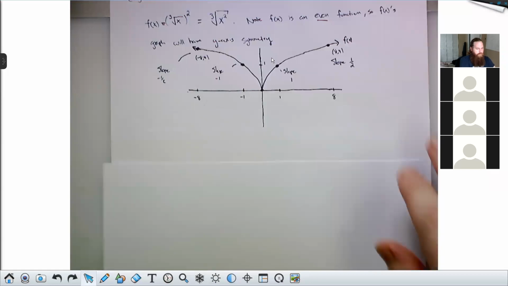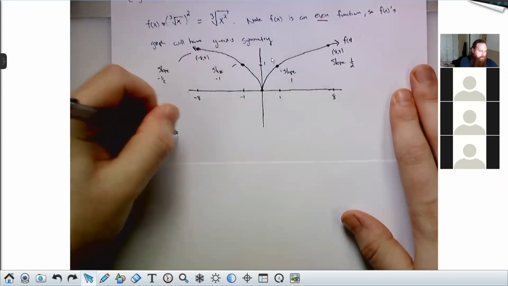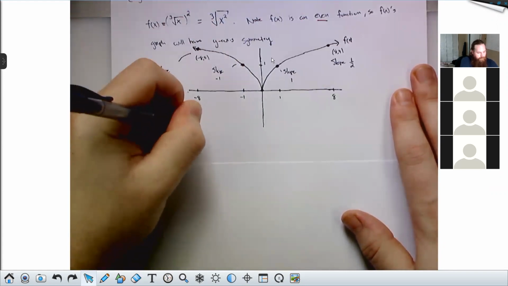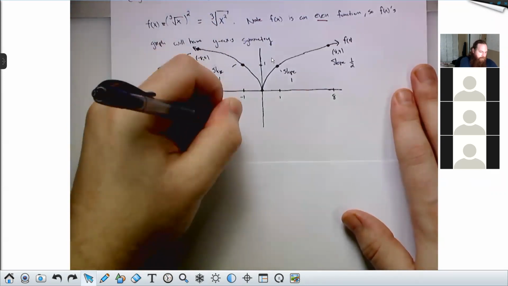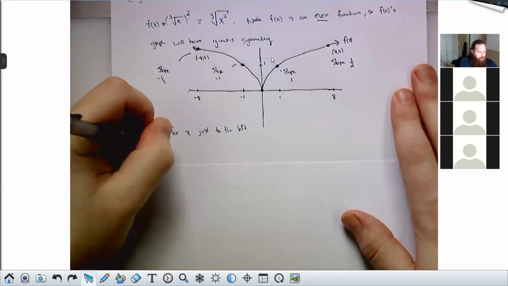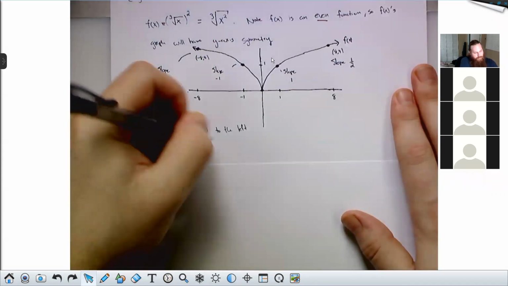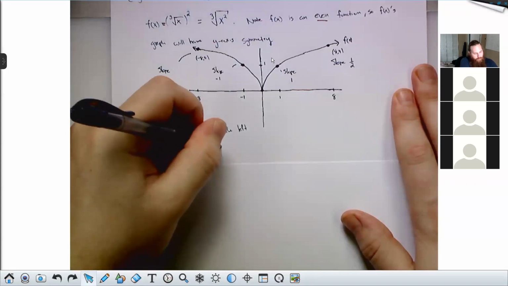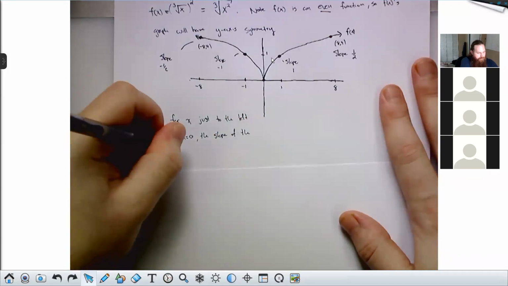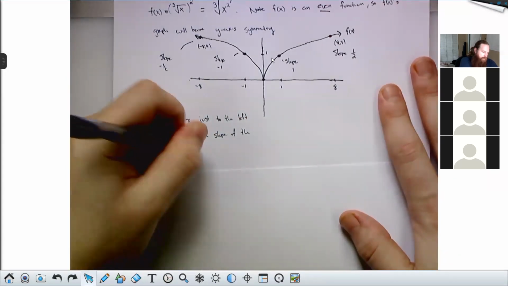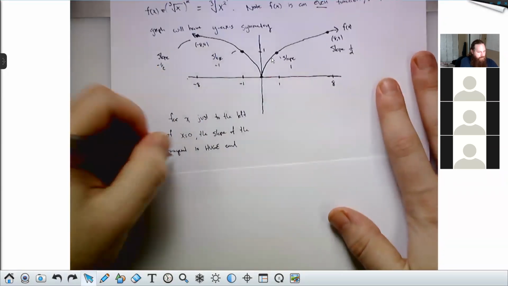The other observation I would like to make is that as you get close to 0 here, for x just to the left of x equals 0, the slope of the tangent is huge and negative.